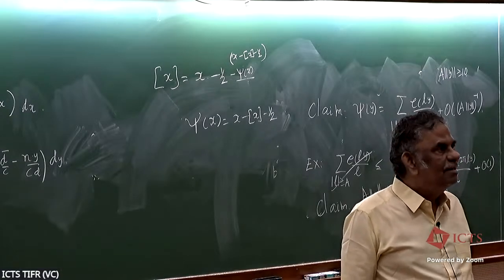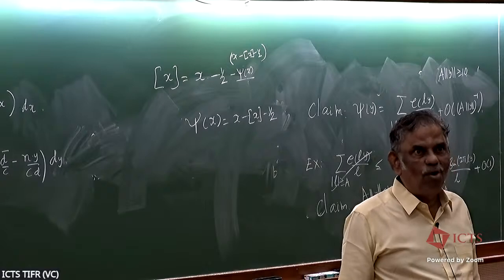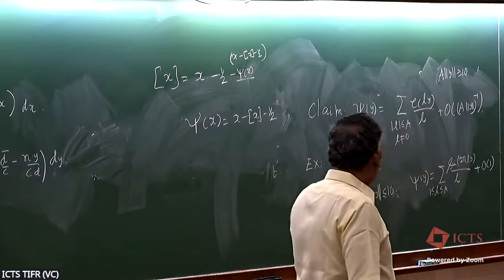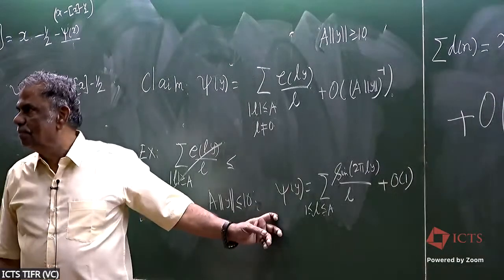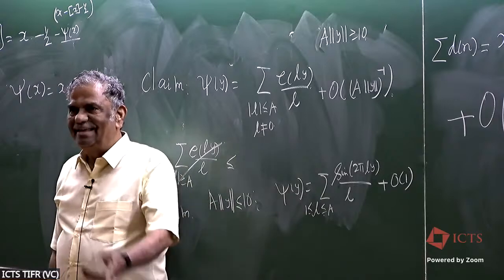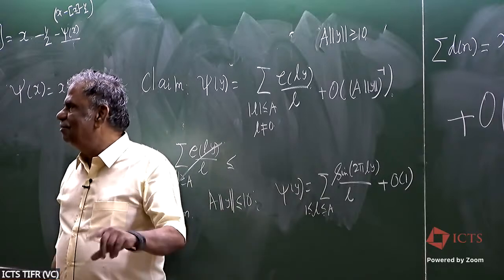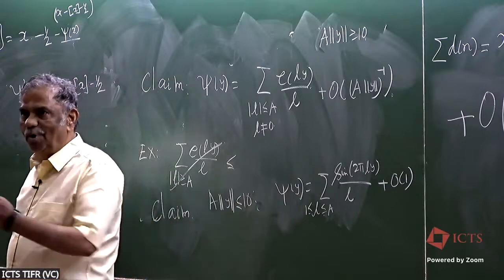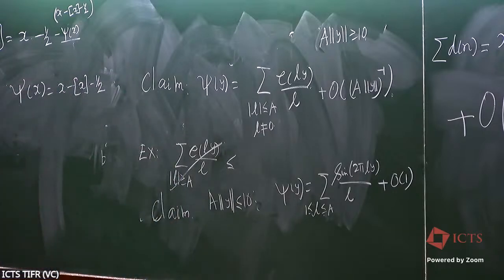Here both the left hand side and right hand side are O of 1, so you cannot do anything more; this is of course a bounded function. Now sin 2 pi L y is bounded by L y, and the L cancels. Then you have only A terms, and y you are adding A times, that is A y, which I assume to be less than 1 over 10, and therefore it is O of 1. Essentially, you can break it at any A, and you get a good error term. That's what we will do.